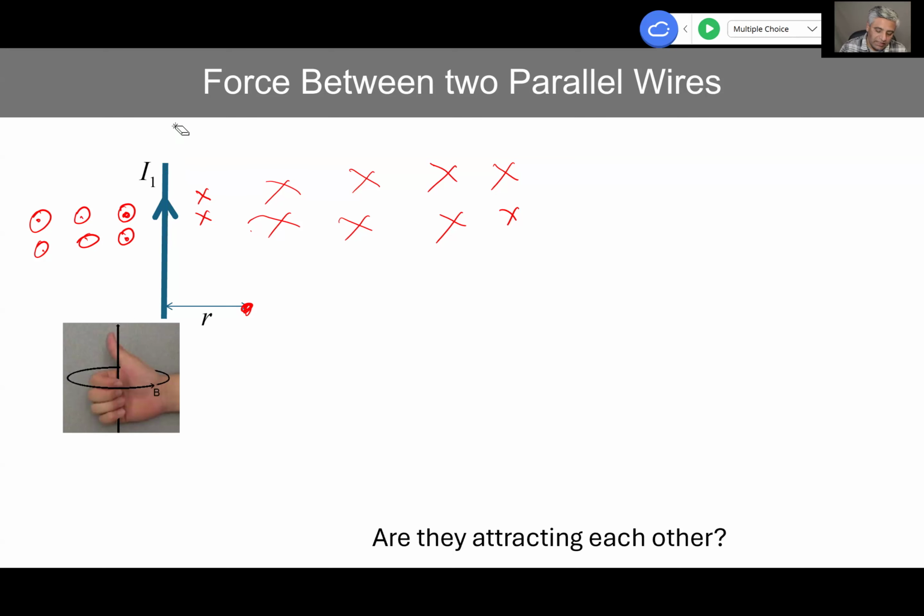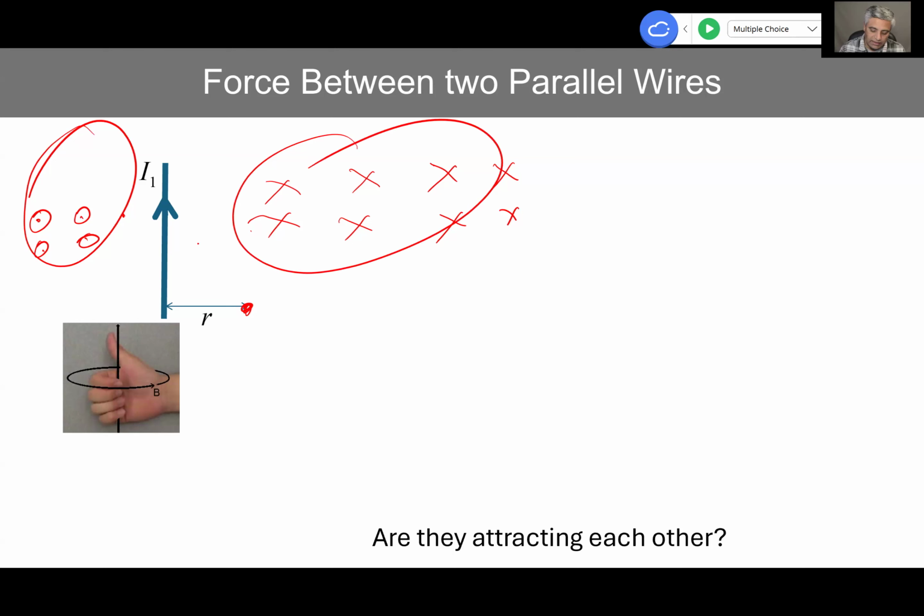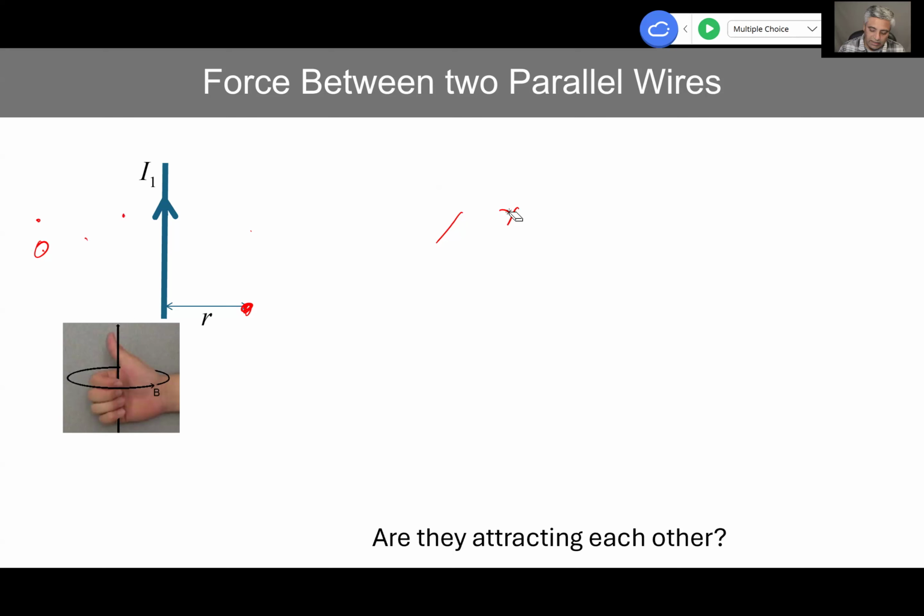So now this current in this wire means there is field on this side, right? Let's draw the field at this point here, where we want to put the second wire. See here, the current is I1.